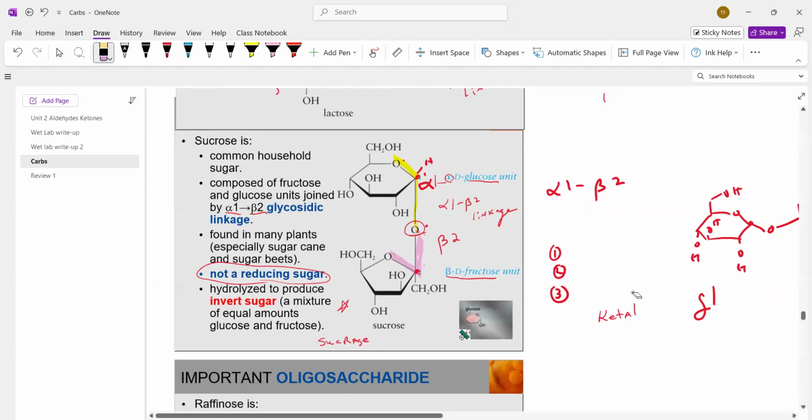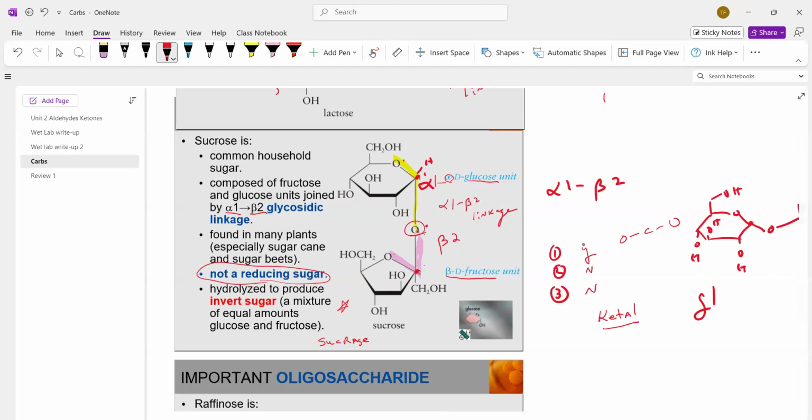The bottom one is going to be OCO, so that's a yes. Number 2, is there a hydroxyl group present? No. And is there an OH present? No. That means it's a ketal.